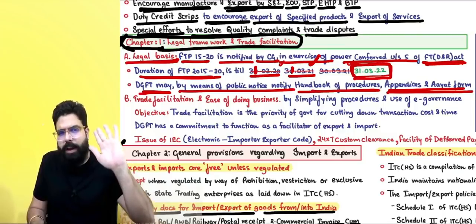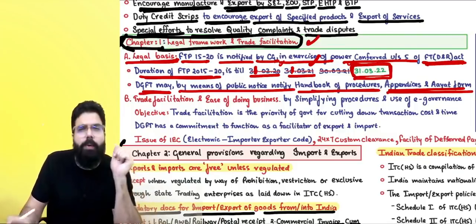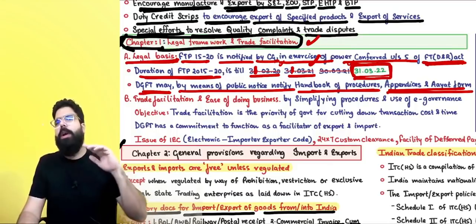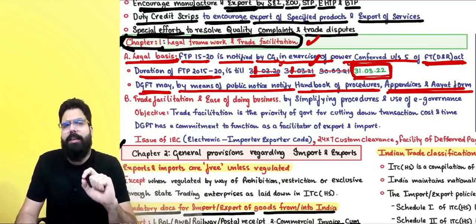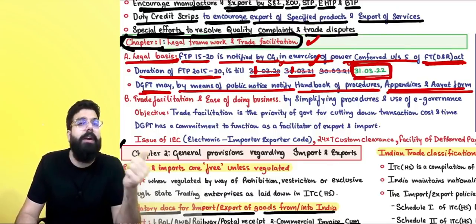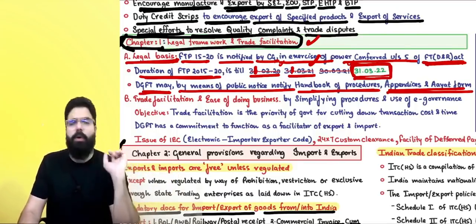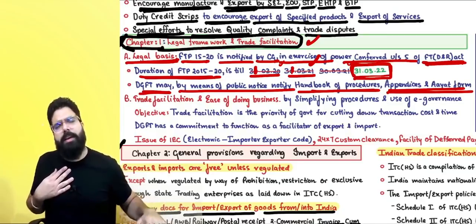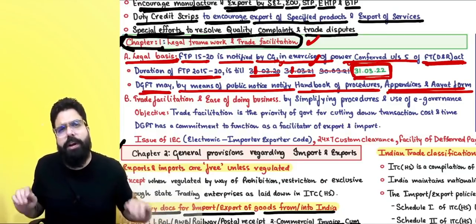Now listen to me very carefully. In the legal framework they are telling that the power to make the foreign trade policy is given by section number 5 of the Foreign Trade Development and Regulation Act. Okay, now I have the power to make the foreign trade policy. Yes, sir, and foreign trade policy 15-20 was drafted.